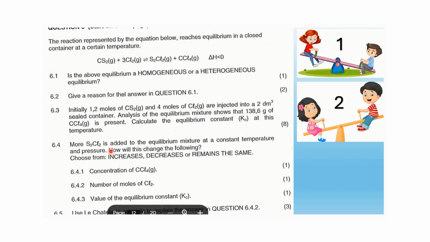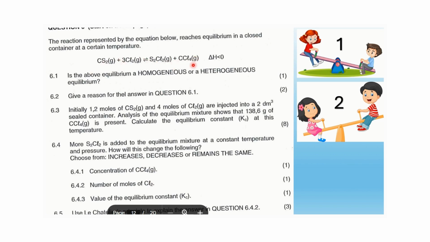That's what will happen. So the first question says the concentration of CCl4. Where is CCl4? CCl4 is on the product, and in this case, whatever is on the product must decrease. So CCl4 will go down. What about the number of moles of Cl2? We check from the equation.